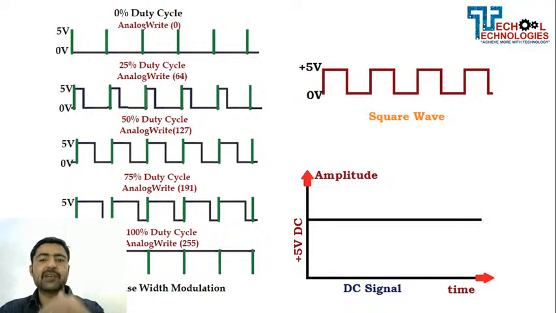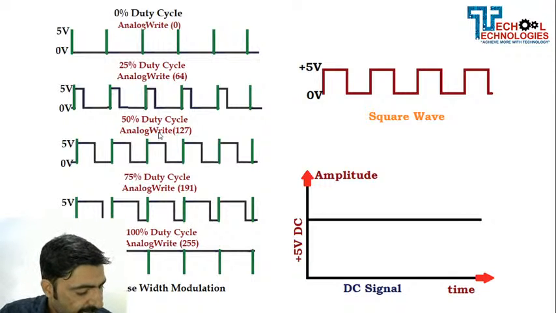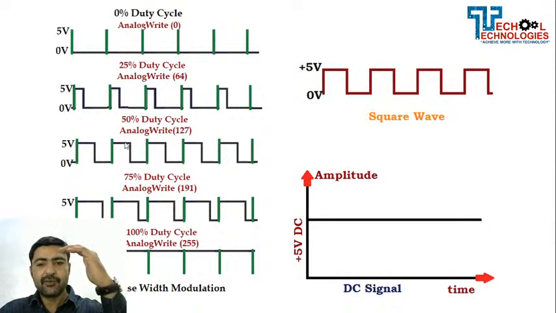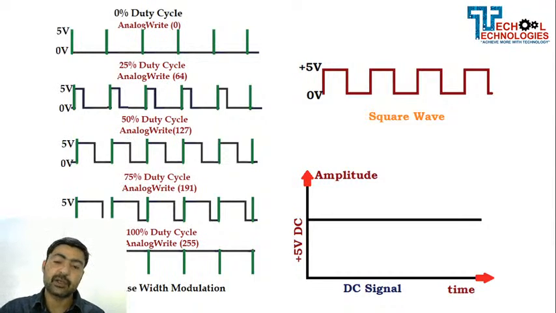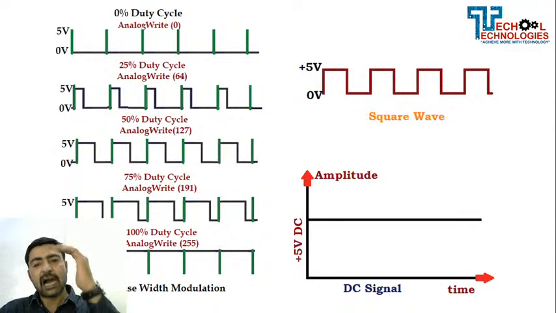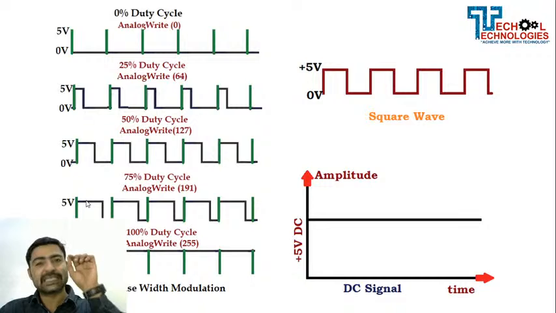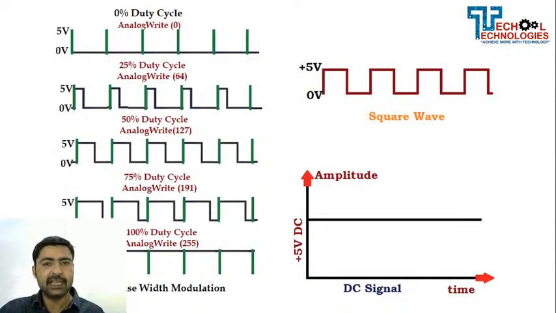If the duty cycle is 50%, then for half a second it will remain high and half a second it will remain low. And if the duty cycle is 75%, then 0.75 second it will remain high, and 0.25 second it will remain low. So what is happening here?